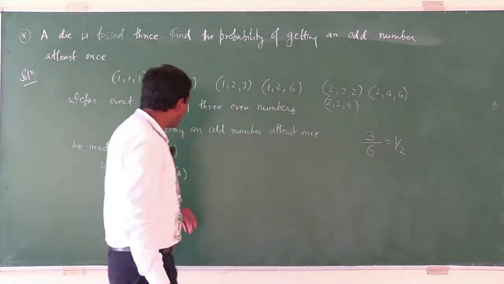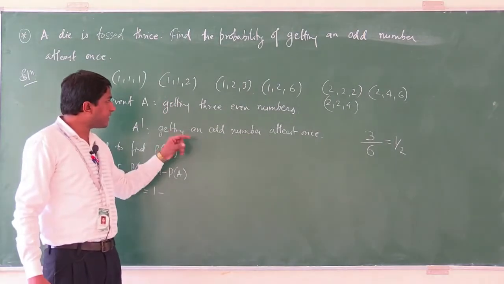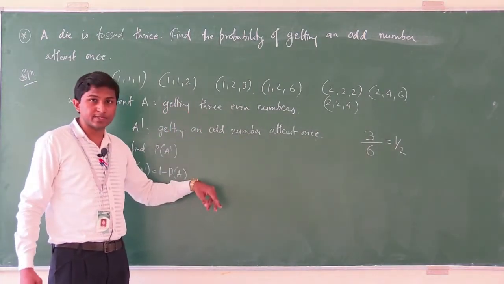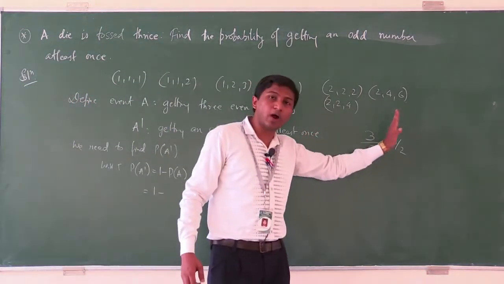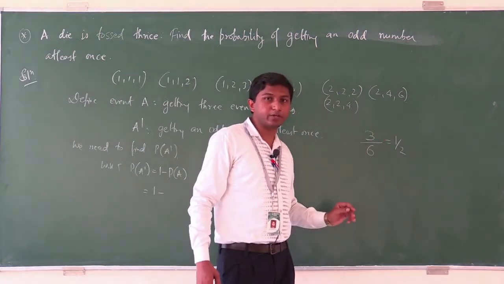So now, what is event A? Event A is getting 3 even numbers. The probability of getting one even number is 1 by 2.